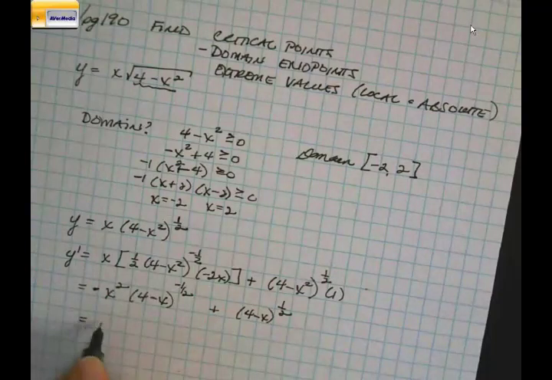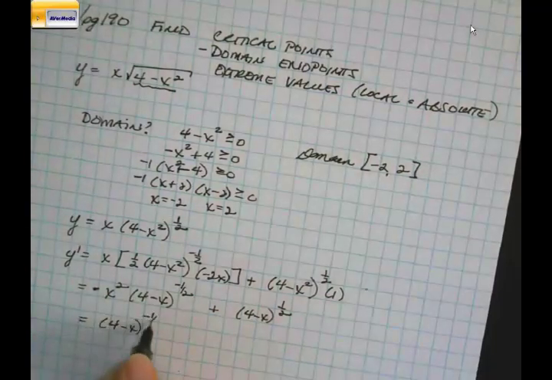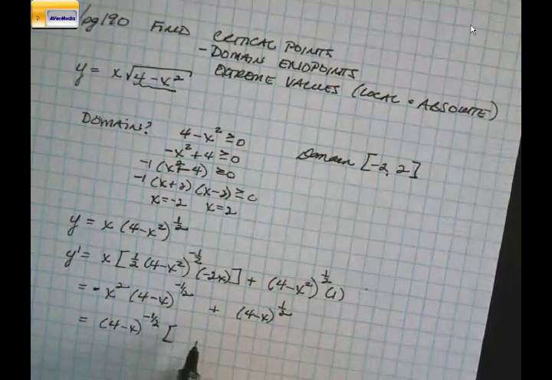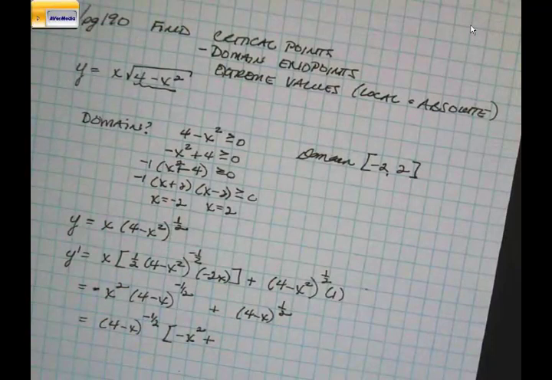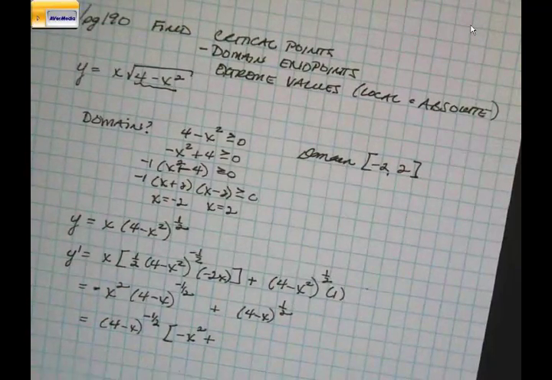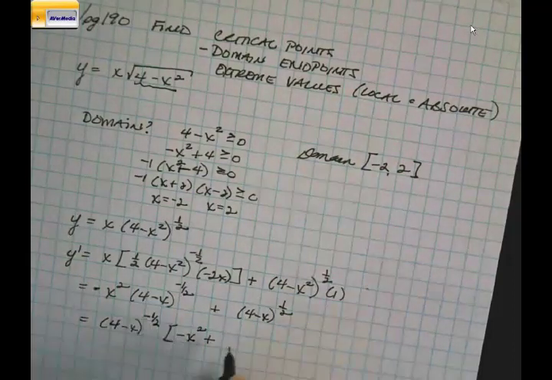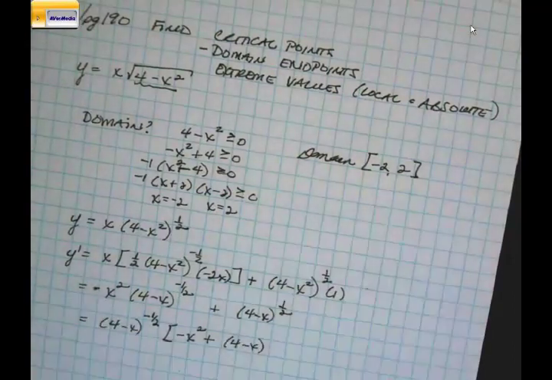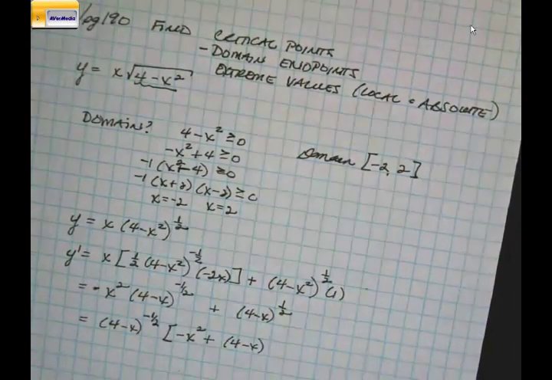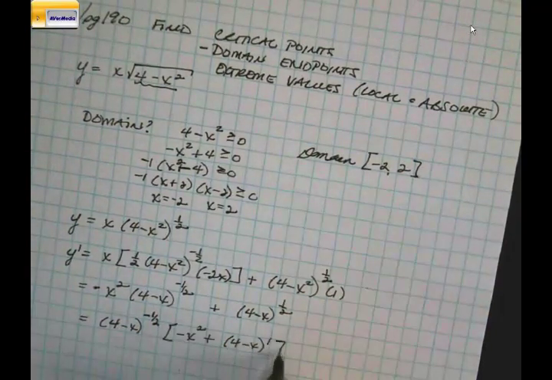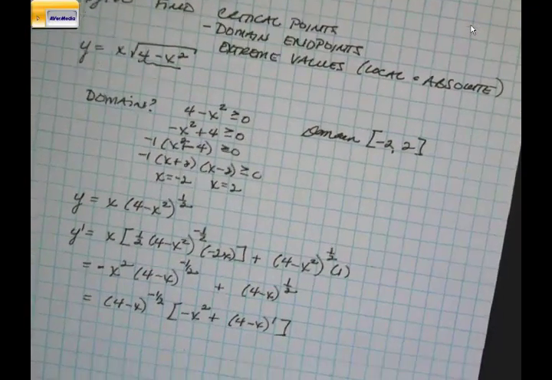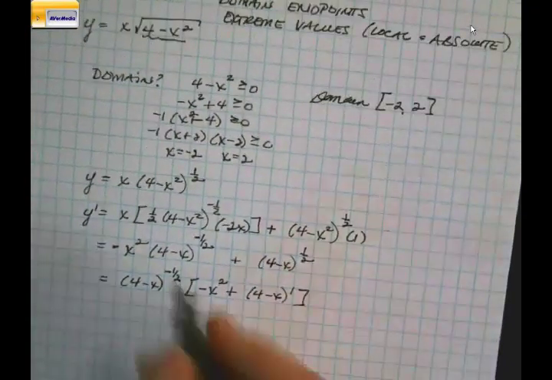Now if I factor out 4 minus x squared to the negative 1/2, it leaves behind negative x squared plus 4 minus x squared, to the first power.